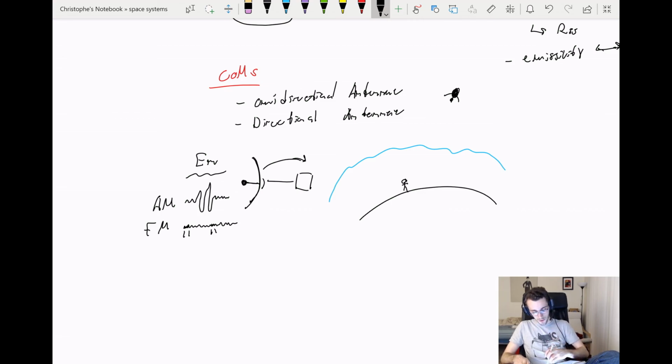Actually, it's not sending its radio waves at a person, it's sending its radio waves to a ground station. We want to be able to send communication between the satellite and a ground station.